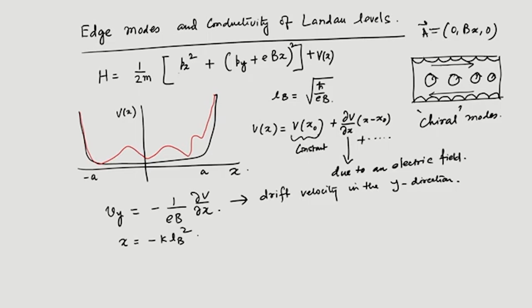It has a drift velocity. Now you see that at the left edge dV/dx is negative, and at the right edge it is positive.